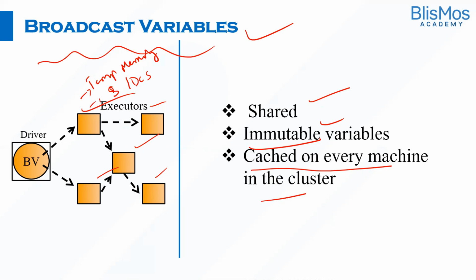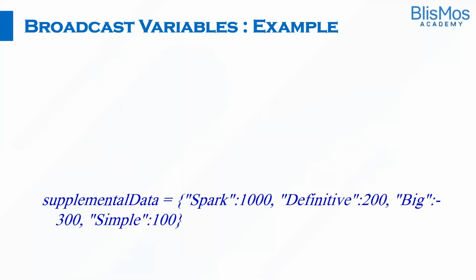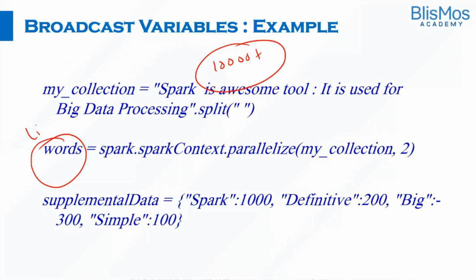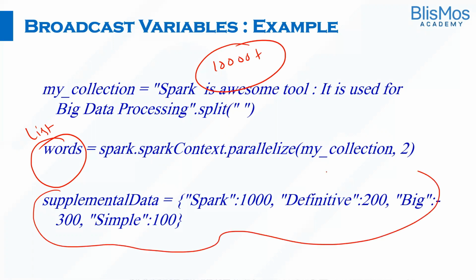Awesome. Having understood the concept, let us take an example and understand this in a bit more detail. Let us say you have an RDD with a lot of words, let us say some 10,000 plus words. In that case, what you want to do is supplement data for your list of words. This information is potentially more than a GB.